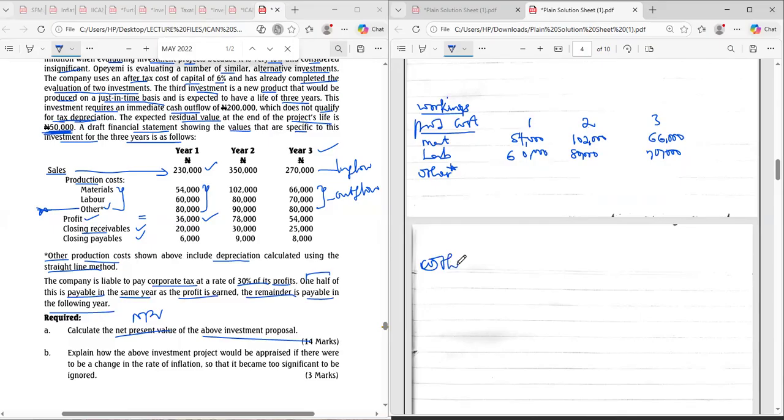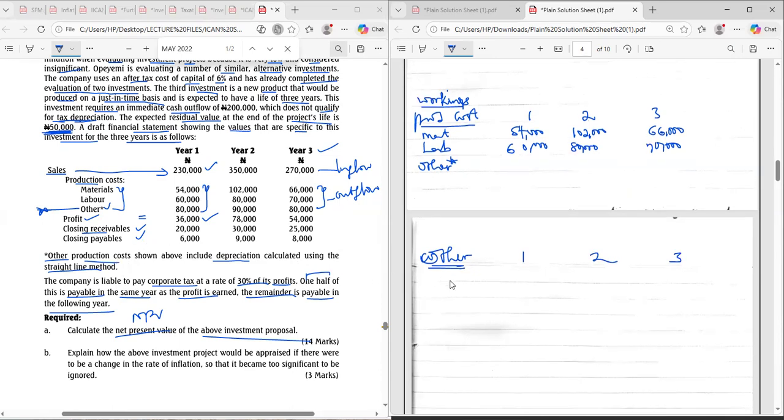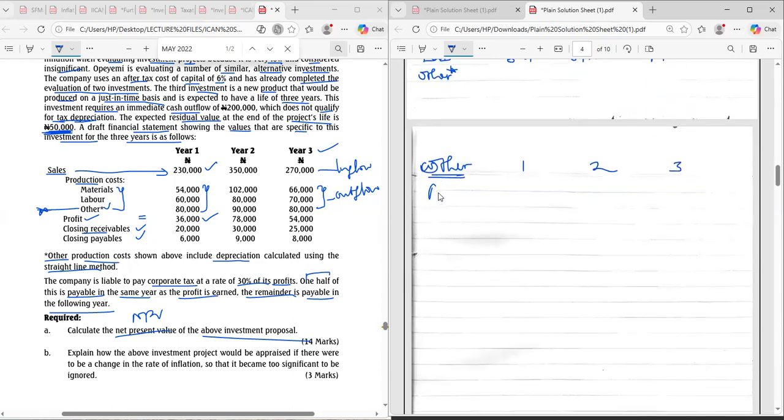For year one, year two, and year three. Now, for this order, how much is the order? Actual figure. Actual. For order 80, 90, and 80, Abi.